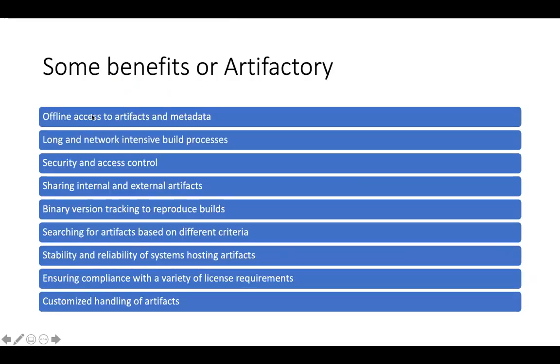So some benefits of Artifactory: offline access to your binary, long and network intense build process, security and access control, sharing internal and external artifacts. This is very, very critical. You can share all the artifacts with other teams.